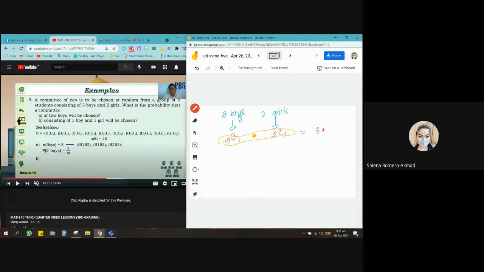Ano ulit sagot nyo? 2, ma'am. So, 3 times 2 is 6 po. 6. Over ilan? Lahat ng possible outcomes, and that's combination of 5 taken 2. And this is 10. So we have 6 over 10, or simply 3 over 5.